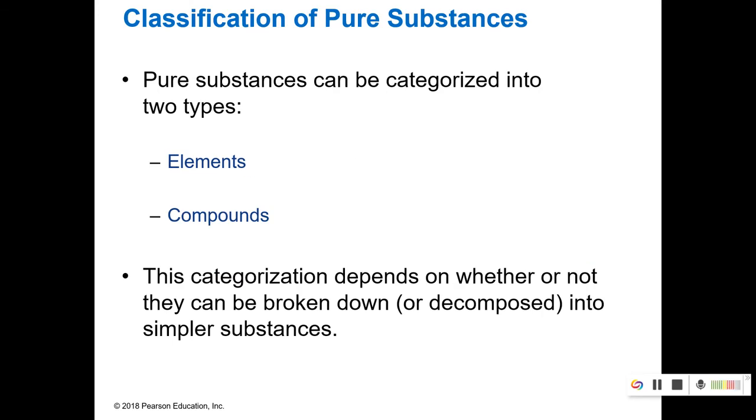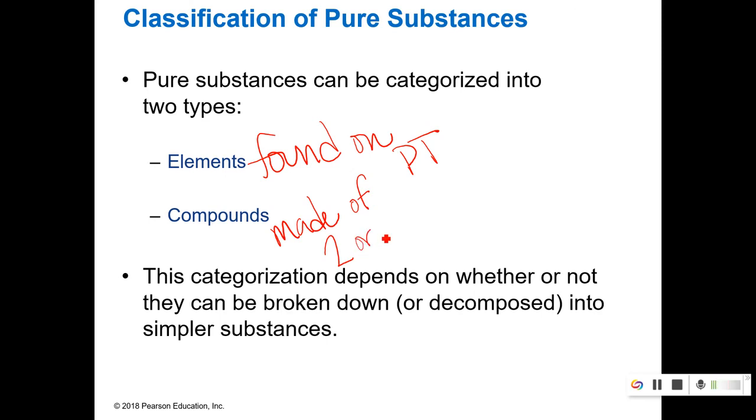Again, pure substances are elements and compounds. So elements will be found on the periodic table, and I'm going to abbreviate periodic table PT. Compounds are made of elements. So I'm going to say made of 2 or more elements.